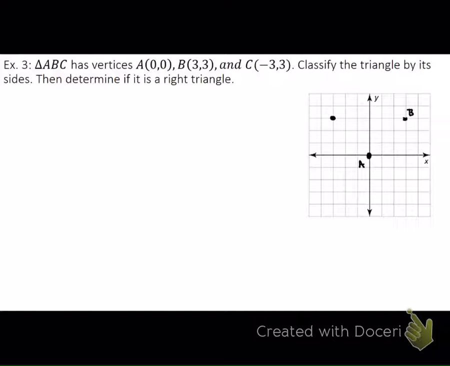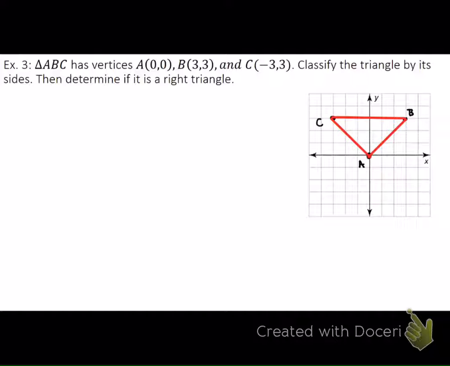Did you plot your points right? I saw somebody had it graphed already, and I don't think it was graphed right now that I'm looking at this. So we do the distance formula.